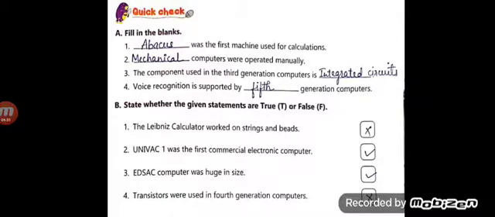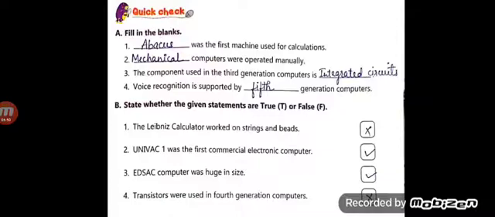True or false? The Leibniz calculator worked on strings and beads. Wrong. What worked on strings and beads? It was the abacus. Next, UNIVAC 1 was the first commercial electronic computer. Yes, true. The EDSAC computer was huge in size.